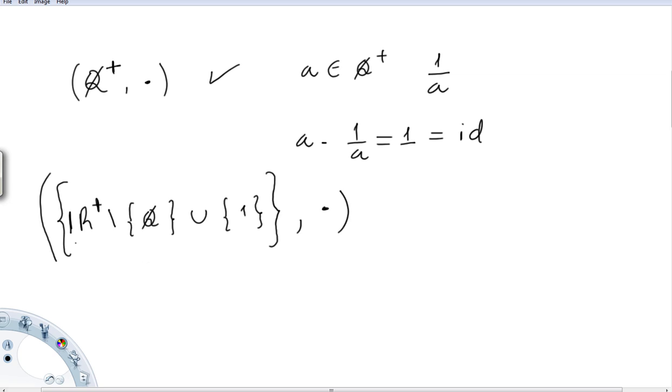What about the set of positive real numbers? So this will be, if you take the rational numbers, the positive irrational numbers, under the usual multiplication, of course, union with 1.